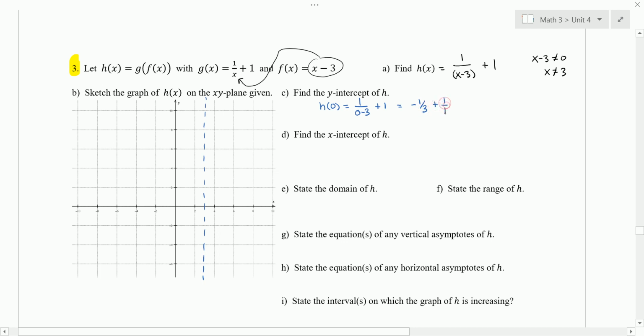I'm going to make that 1 over 1, and multiply the 1 over 1 by 3 over 3 to get negative 1/3 plus 3 over 3, which is 2/3. I'm going to put a little point at 2/3 somewhere about right there. So that's where our graph is going to cross the y-axis.